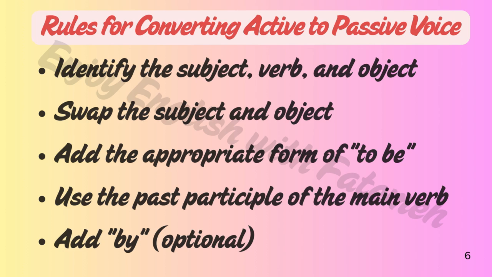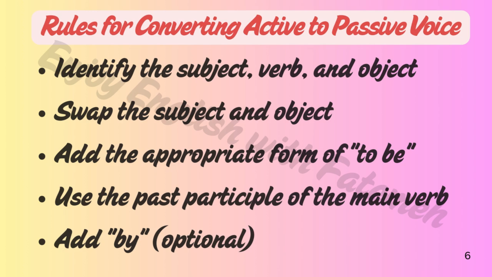The object of the active sentence becomes the subject of the passive sentence. Pay attention a little. Number three, add the appropriate form of to be. Use the verb to be in the same tense as the main verb in the active sentence.